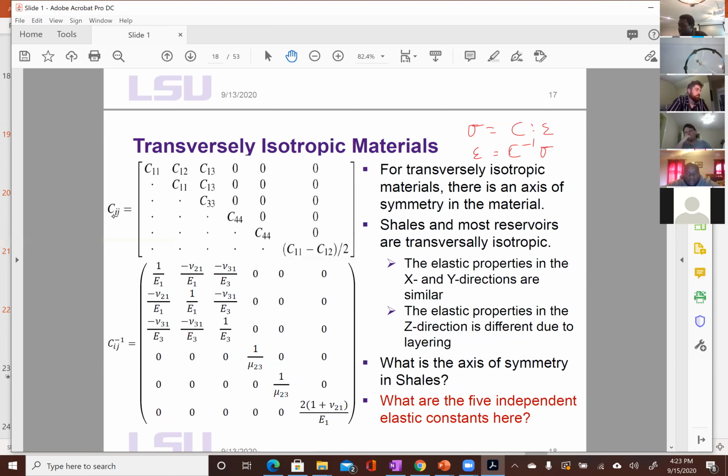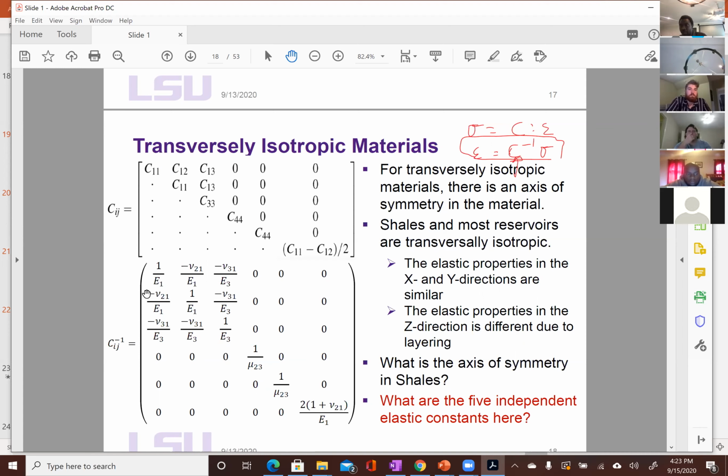And this is just linear algebra. Pre-multiply both sides by C inverse. So C inverse times C goes away and you're left with epsilon on the left-hand side, and on the right-hand side you have C inverse sigma. And this C inverse is your compliance tensor. And that's what is given here.